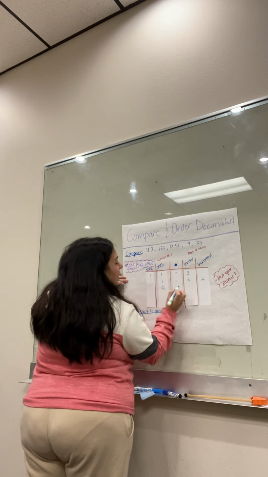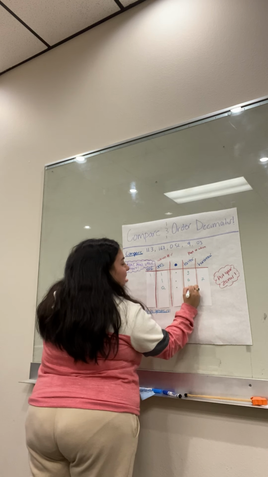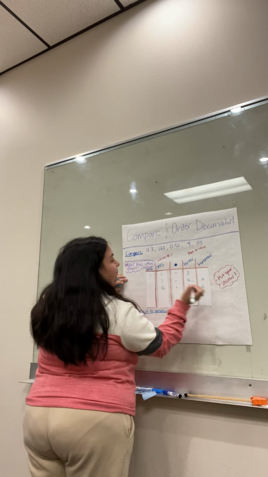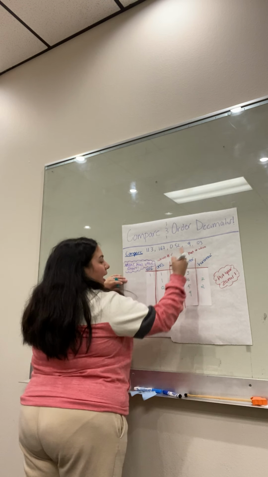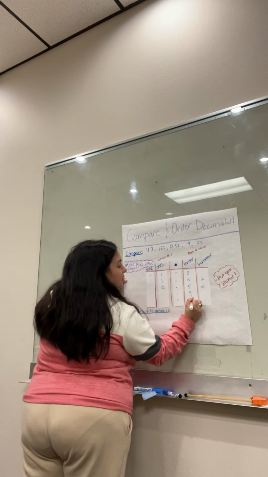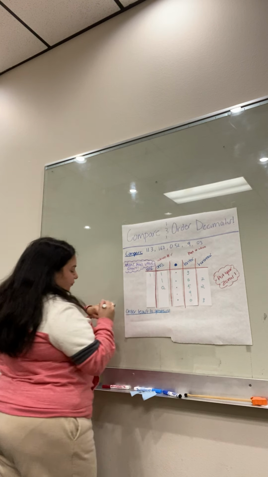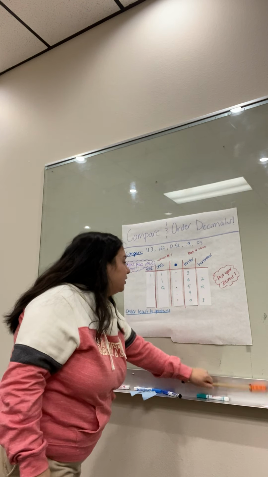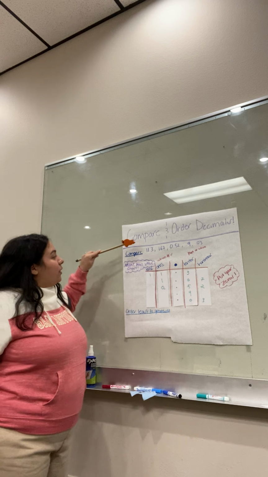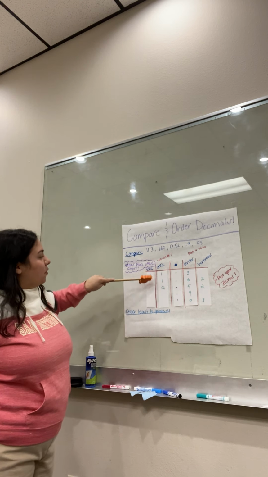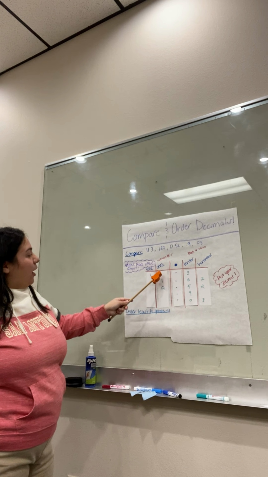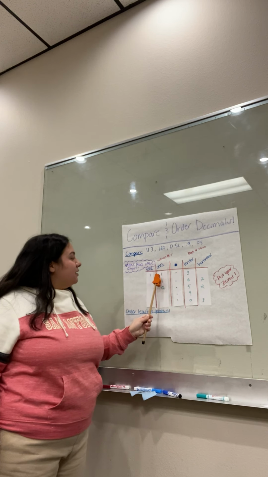Oops, not our point here, we put our point here. 0.52, 0.9, and 0.03. If you look closely, we have two numbers right here. So we have our tens and our ones. That's why we put the 1 here and another 1 here, because this is tens and these are our ones.